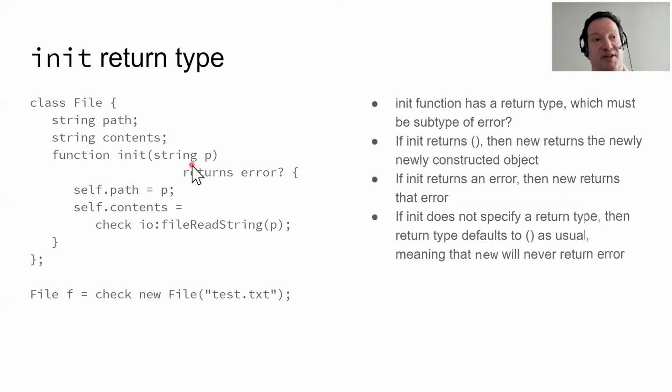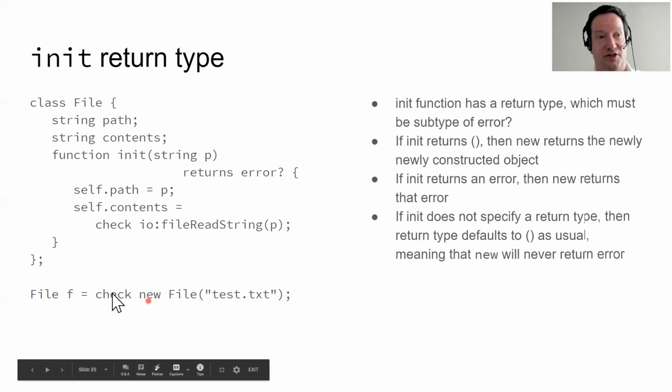And so you need to be able to pass that through to the caller, and you can do that like this. So that means you can actually do real work in the init function. But note that the type of init here, you don't need to say it returns file, but that's what happens. If this succeeds, then the new expression returns file. If it fails and returns an error, then the new will return an error.